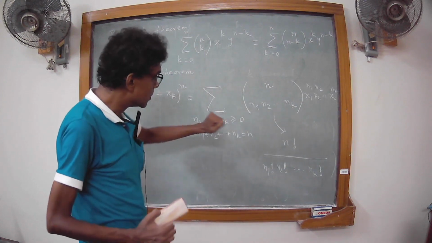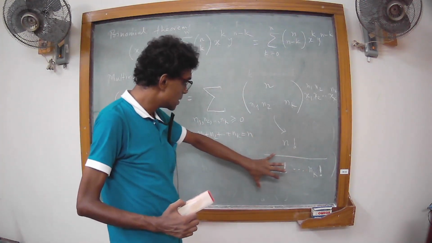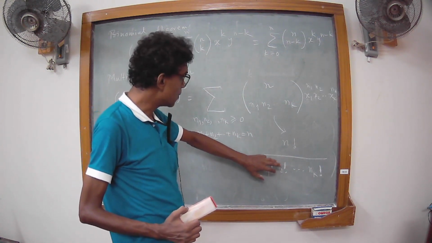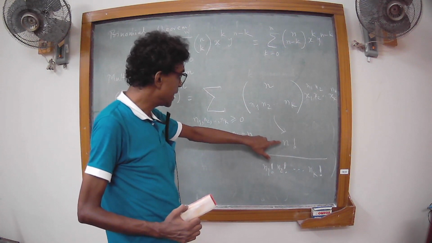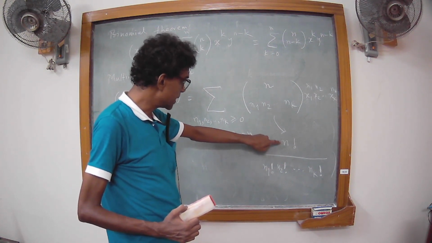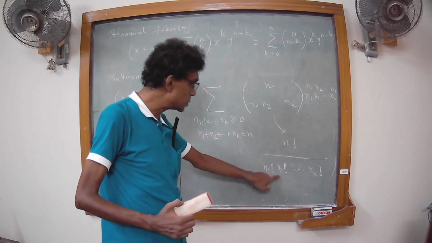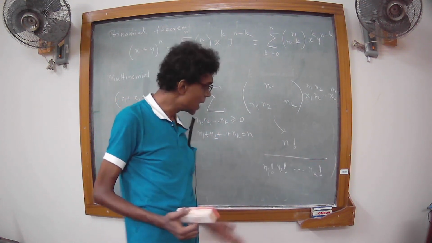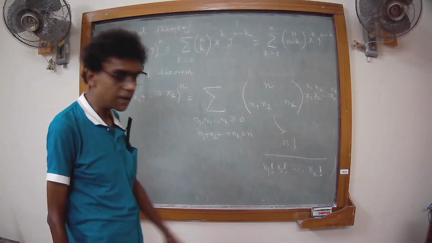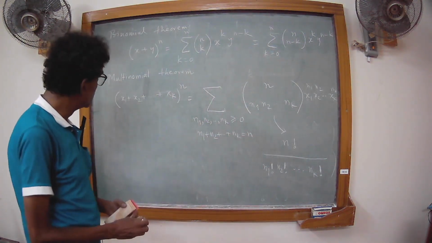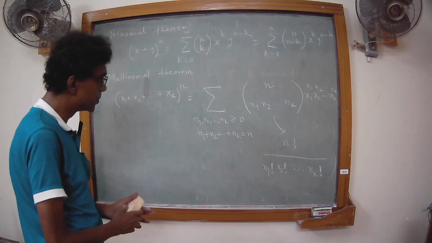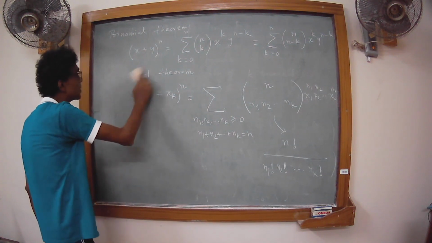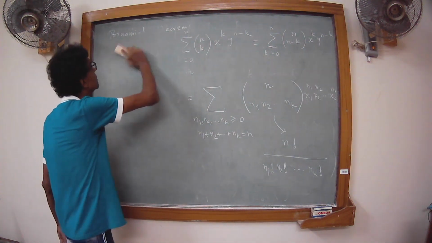So this is basically nothing but the total number of arrangements or permutations of a total of n objects containing n1 x1s, n2 x2s, up to nk xk. And you know this is the formula. Okay, good. So these two are important theorems. Just for the sake of completeness, I mention these two things.